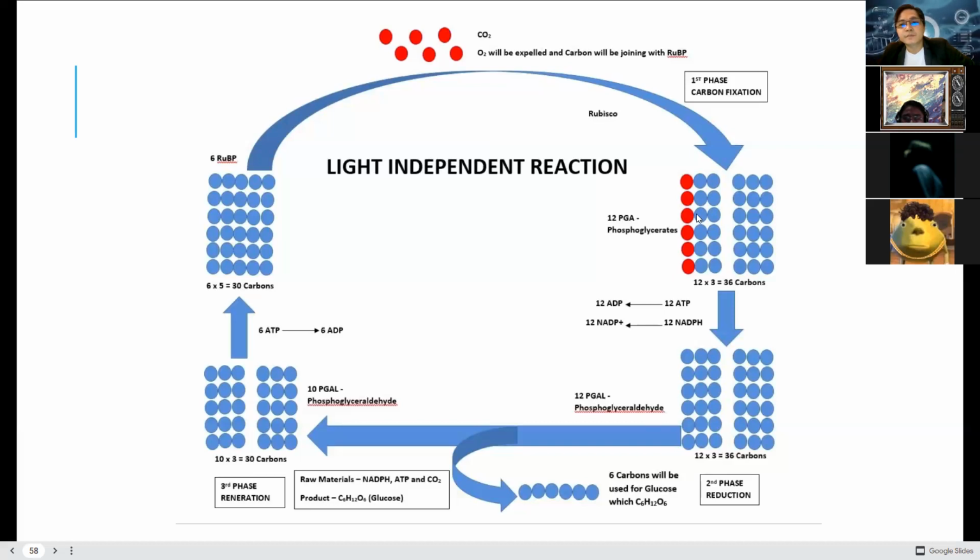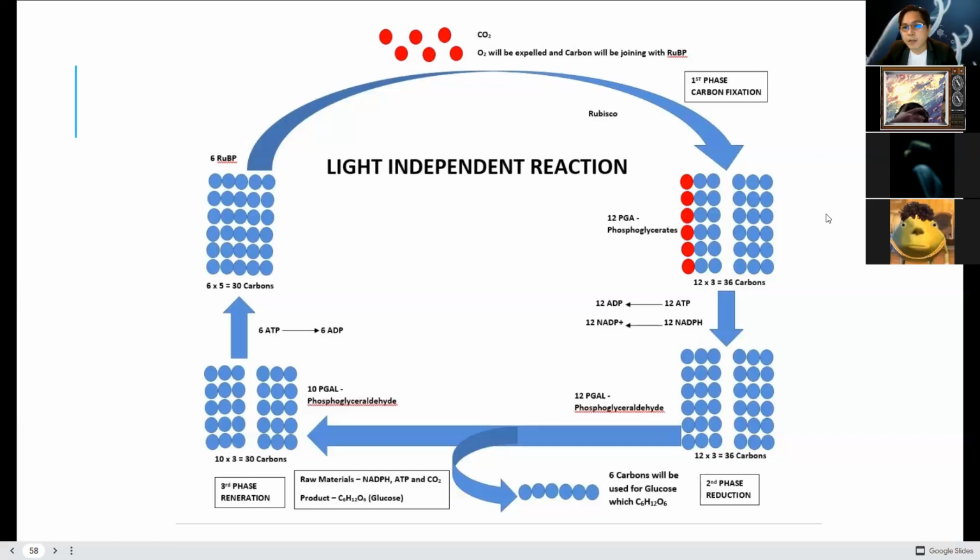Remember that your PGA is a 3-carbon molecule. So how many PGAs were created in the process? We have 1, 2, 3, 4, 5, 6, 7, 8, 9, 10, 11, 12 PGAs, because your PGA is a 12-carbon.